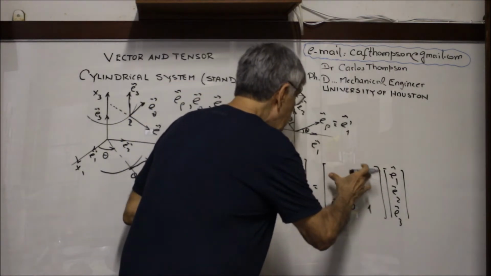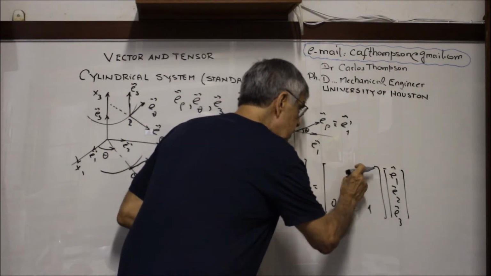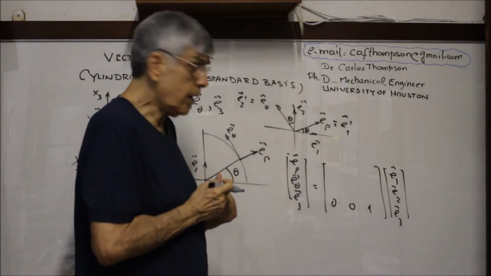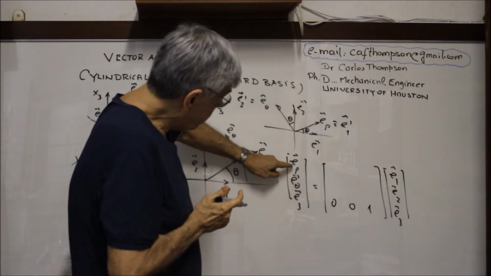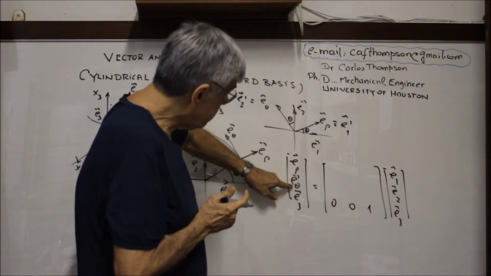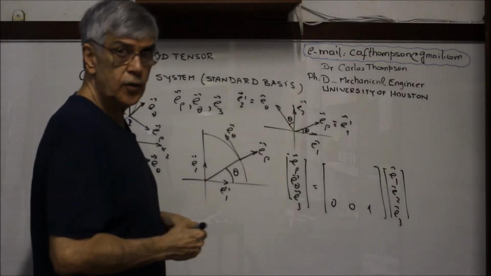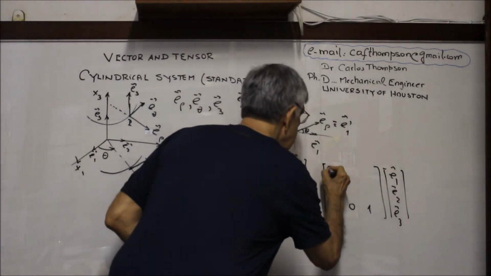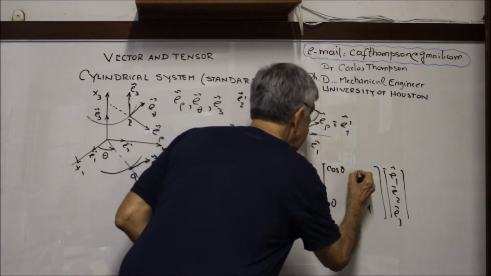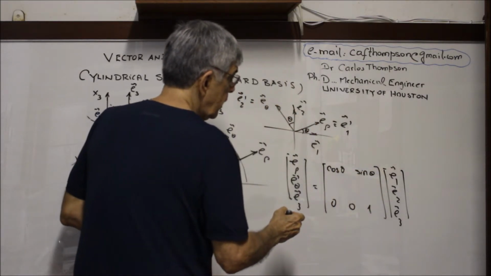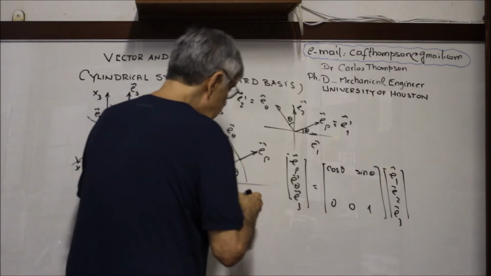And the other components, the first row and the second row, we just wrote before when we obtained E1 prime and E2 prime. So, here's cosine of theta, sine of theta.